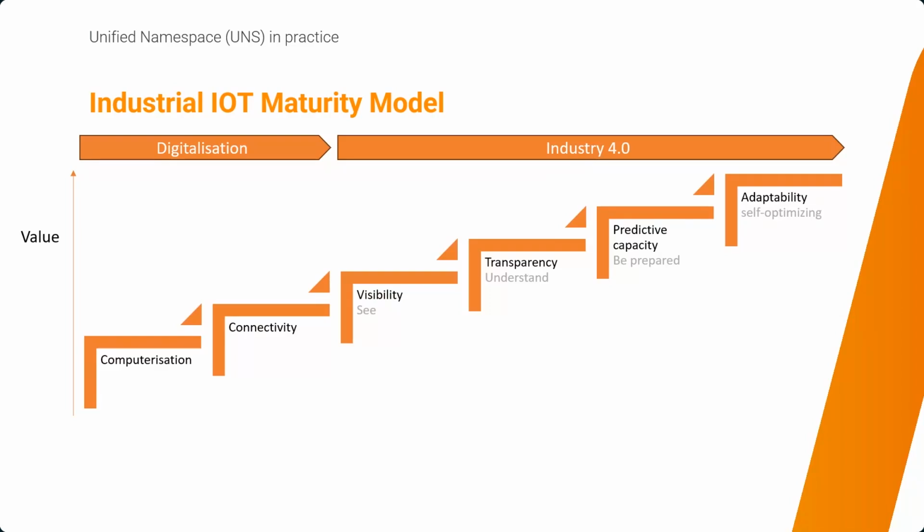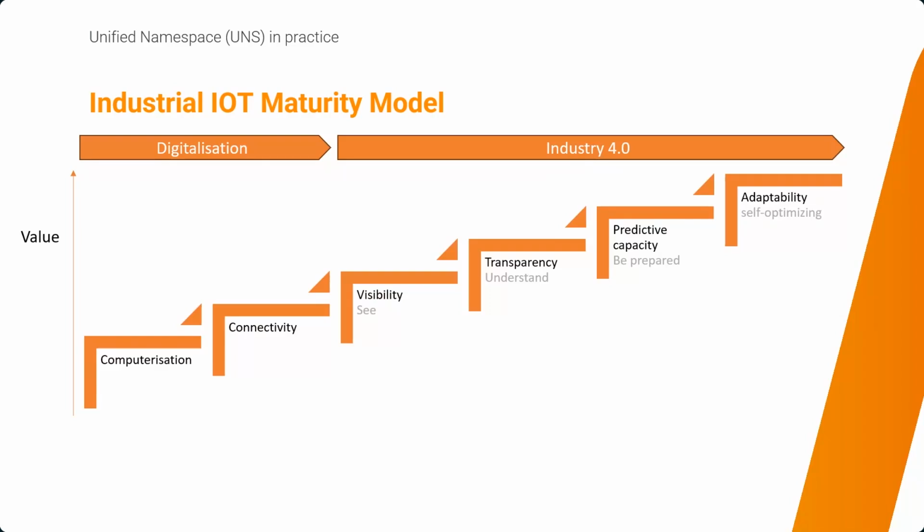Whenever we have the data, it is computerized, connected, visible, transparent, we can go one step further and use the predictive capacity. So we can use models to predict what will happen next. So we're getting prepared for what will happen. In that case, you use statistical process control or any AI solution that is able to prepare and predict what will happen in the future.